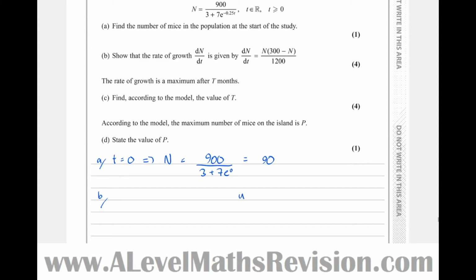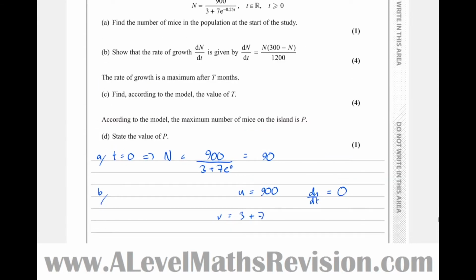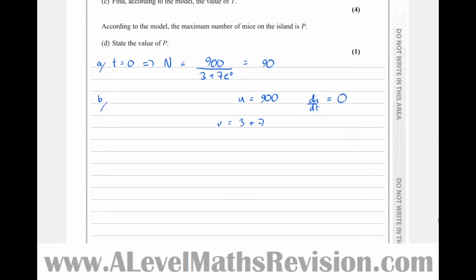So the numerator u equals 900, which means that du by dt equals 0, so the differential of any constant is 0. Then the denominator, we have v equals 3 plus 7e to the minus 0.25t, which means that dv by dt equals, well, 3 differentiates to 0.